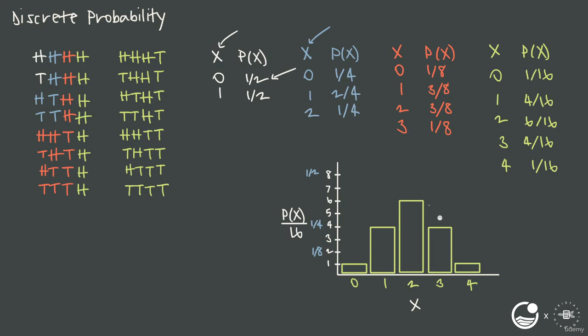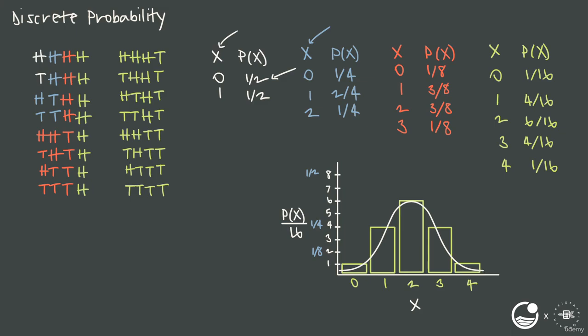And now we're really starting to see this sort of triangular shape of the probability distribution of this discrete random variable. And of course, if we kept going, this distribution would get more and more fine, more and more accurate, and we would see that the general shape of the distribution would look something like this, and it would approximate this curve more and more accurately as we add additional coin flips to our distribution.